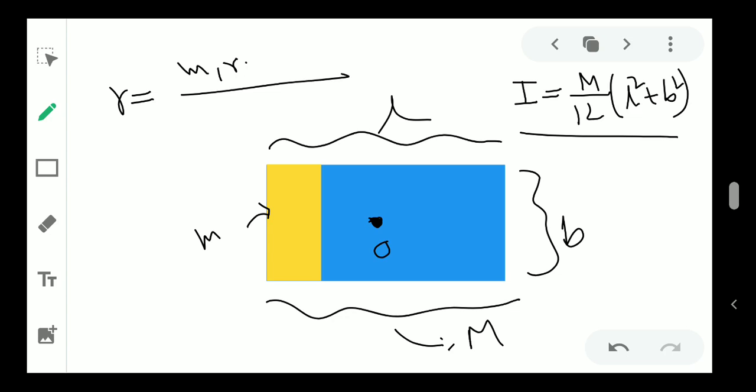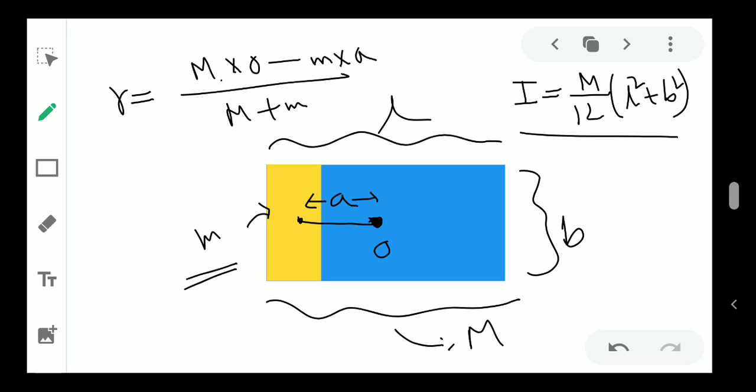Let's say this you have taken as 0 position, so this r1 will obviously be 0, and you just have to subtract this mass. So this will be big M, this will be small m into this distance, which will be given to you. Let's say this is A, so that will be A divided by M plus m. So like that you can do and find out easily.